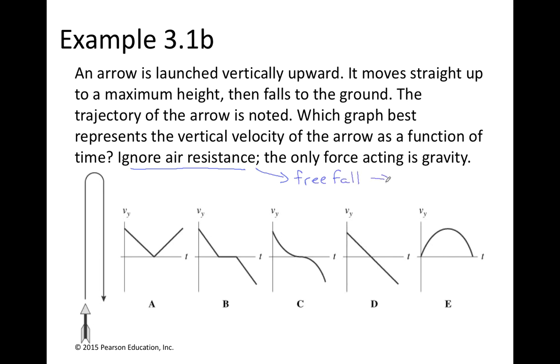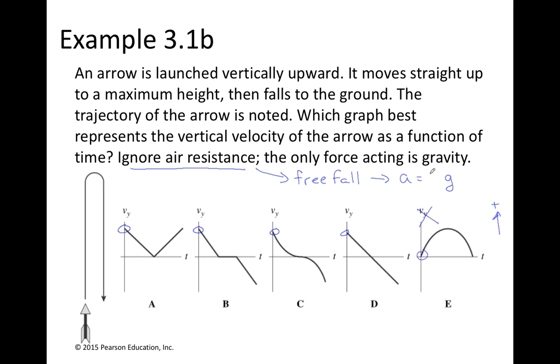And that tells us that the acceleration is g, and we're just going to assume that they're calling up the positive direction. We would have to assume that because the arrow is fired up, and you can notice that the initial velocity for all 5 graphs is positive except for this one. And it can't be that one because this one starts from rest.